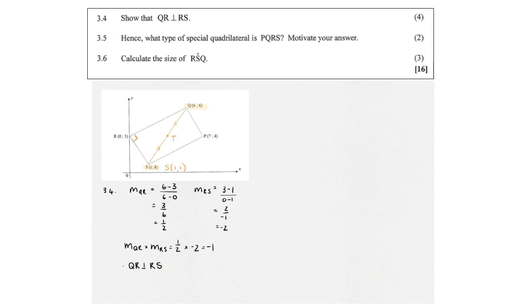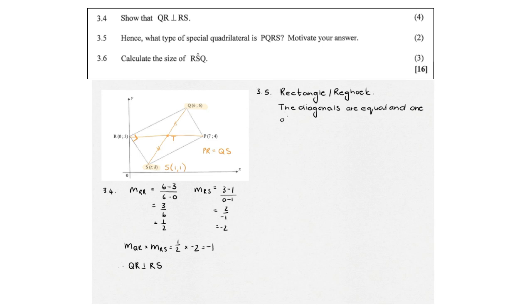Question 3.5. Hence, that means use your answers in the previous questions. What type of special quadrilateral is PQRS? Motivate your answer. PQRS is a rectangle, and the reason is we showed in question 3.3 that PR is equal to QS.